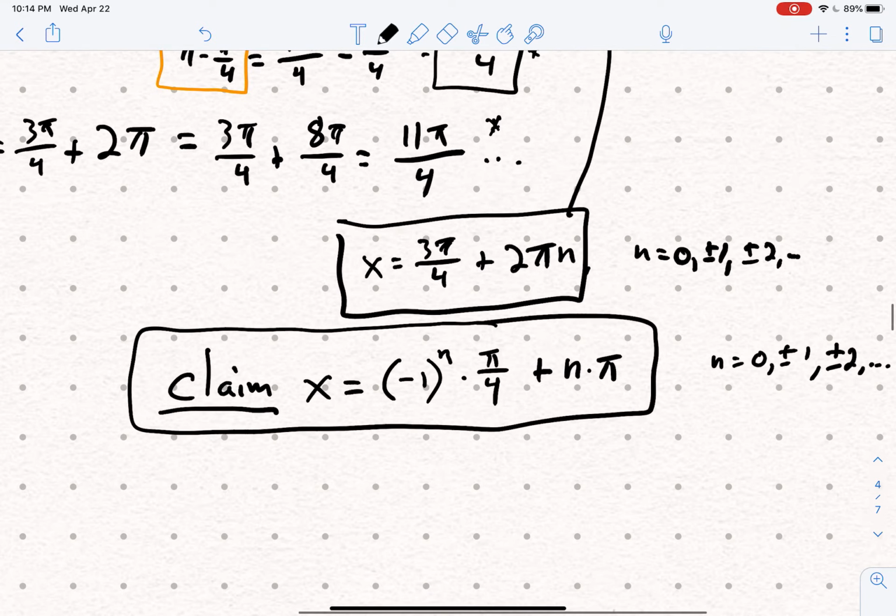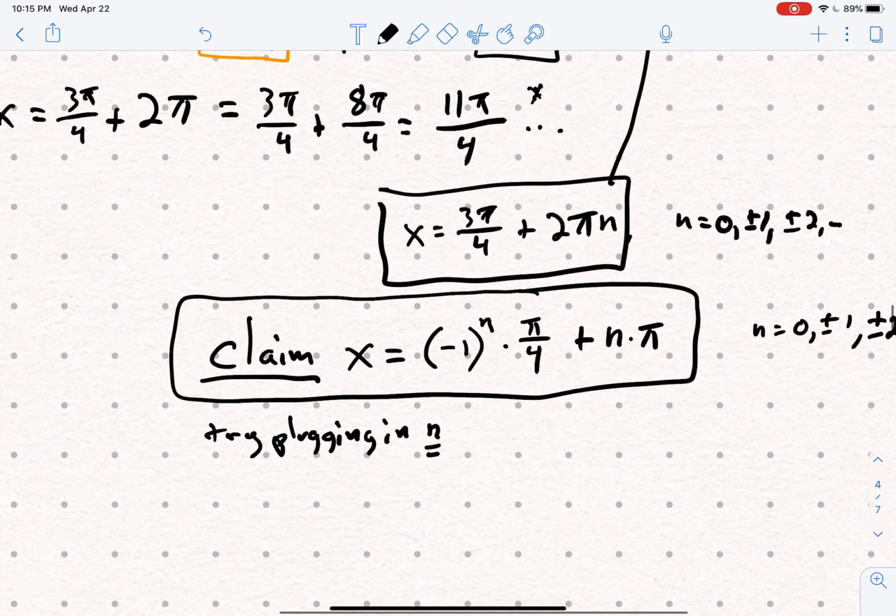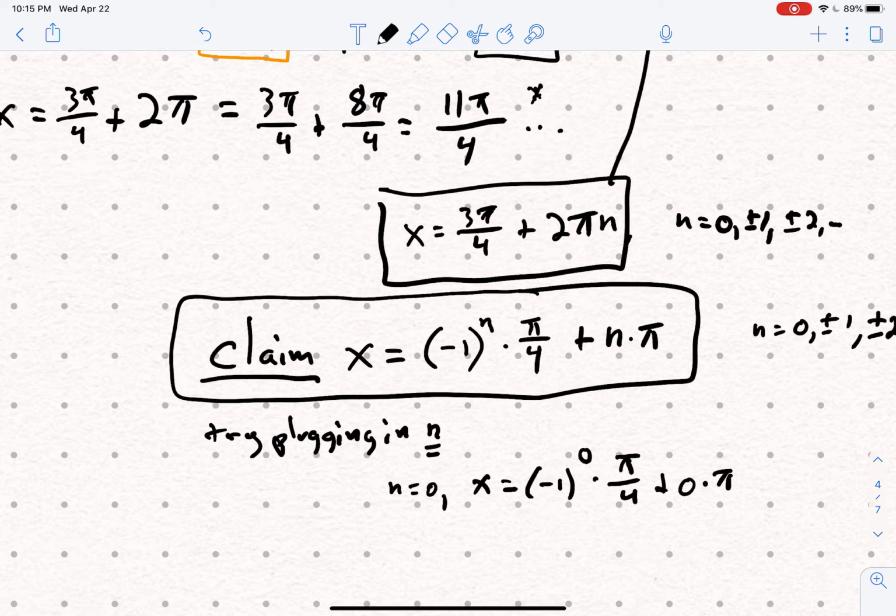Here's how we're going to check. Let's just try plugging in various n's. Okay? So, n is allowed to be 0, so when n equals 0, we have that x is equal to minus 1 to the 0 times pi over 4 plus 0 times pi.